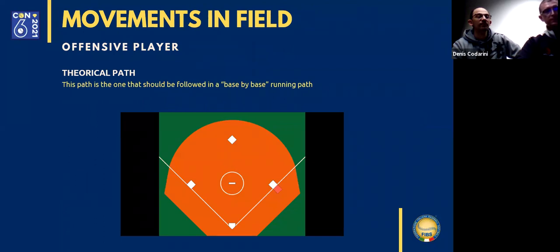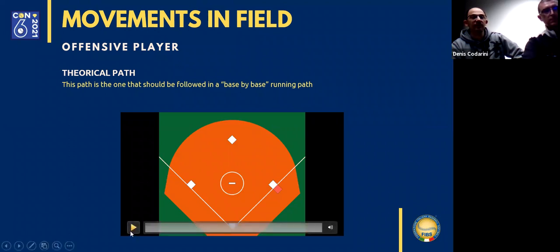This video is a theoretical example of the route a base runner should take starting from home and continuing all the way around the bases to score a run.